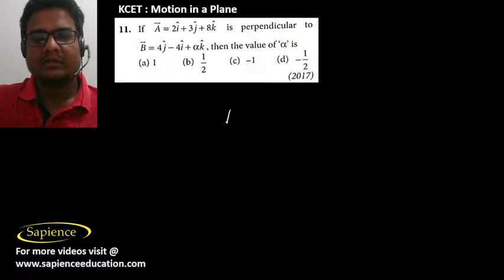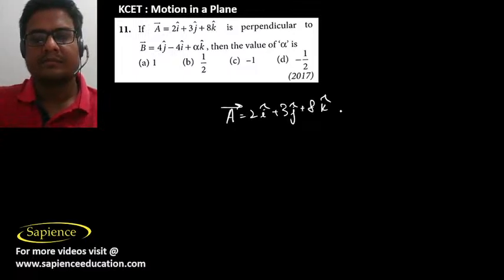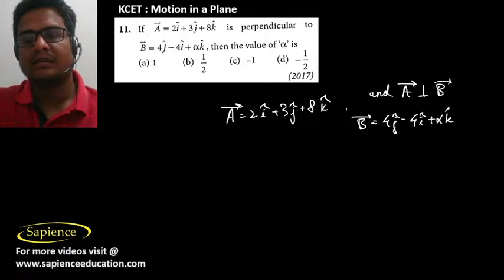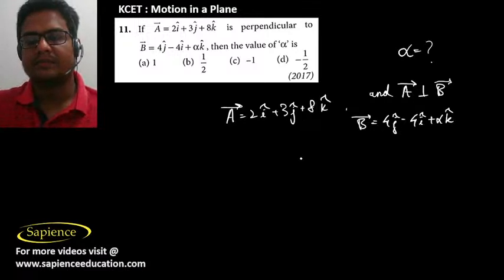Then it is given that the a vector is 2i cap plus 3j cap plus 8k cap, and the a vector is perpendicular to the b vector. The b vector is given as 4j cap minus 4i cap plus alpha k cap, and we need to find the value of alpha.